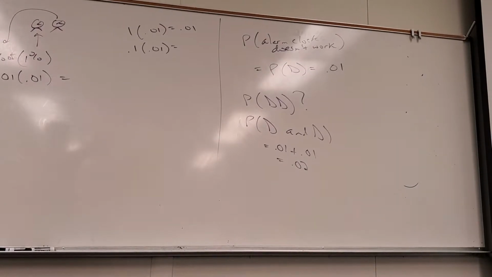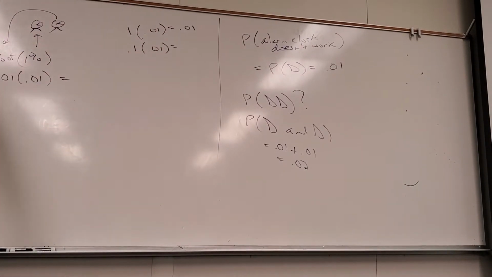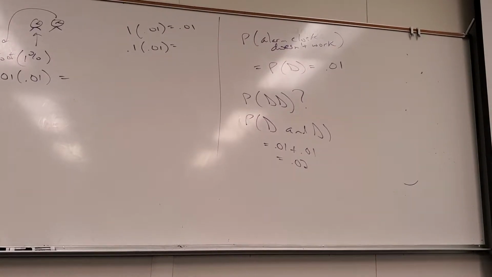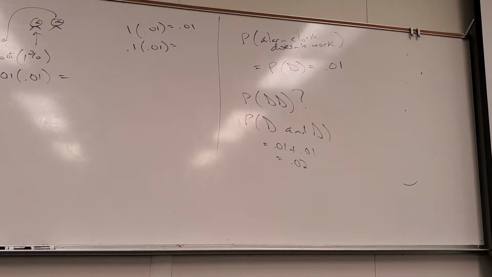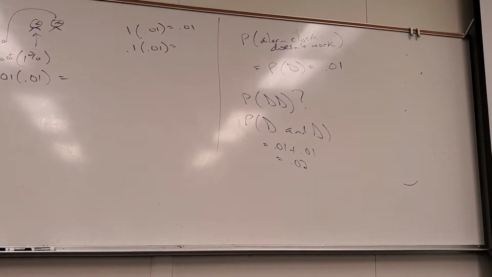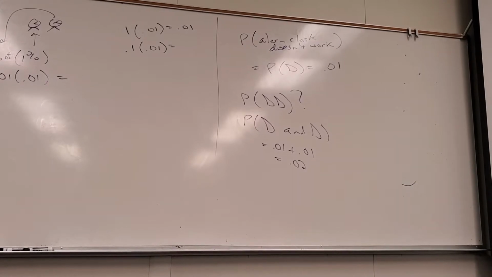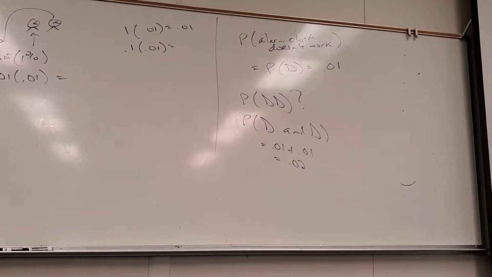Maybe let me put some more numbers. So that's thousands, hundreds, tens. Do you see how every step I take is dividing by 10? 1,000 divided by 10 is 100, divided by 10 is 10, divided by 10 is 1, divided by 10 is 1/10. So that's the 10th spot.